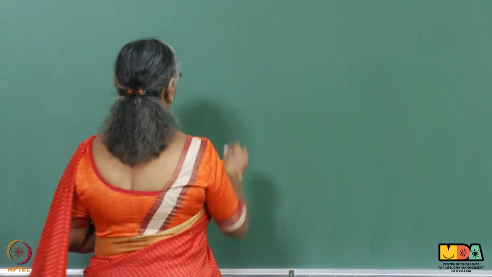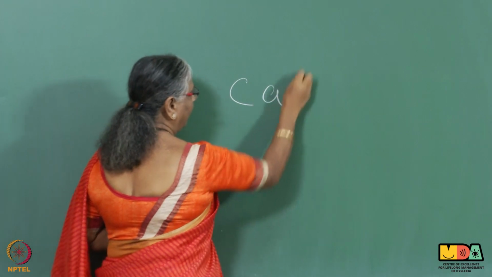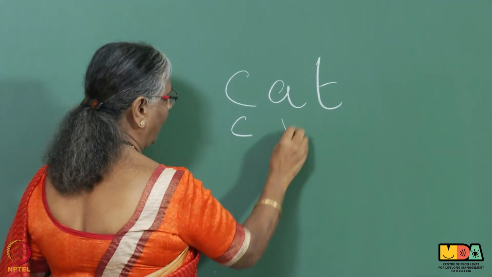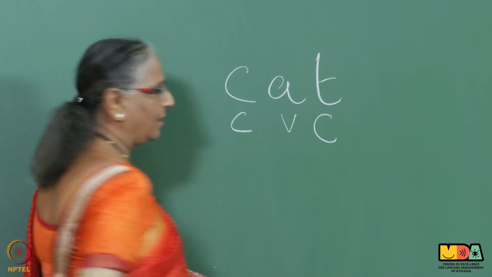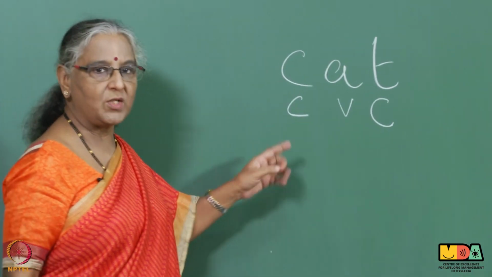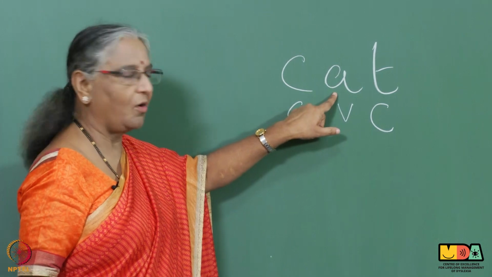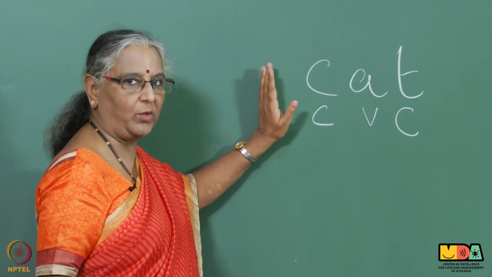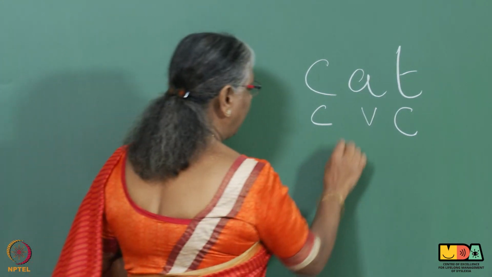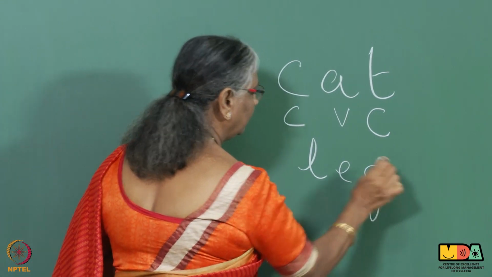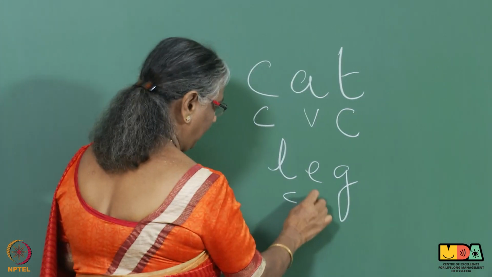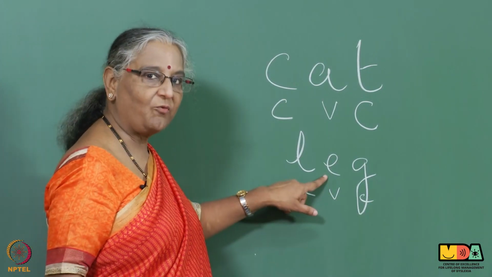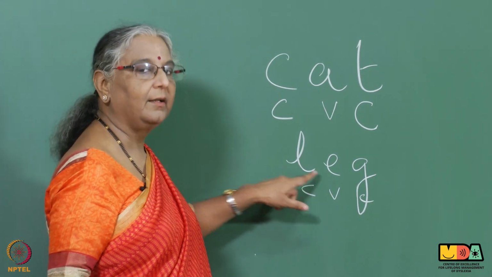We have cat, C, V, C. The one thing that you will notice is that they are all short vowel sounds and single syllable words. Let us take the word leg, C, V, C, with the short vowel sound E.